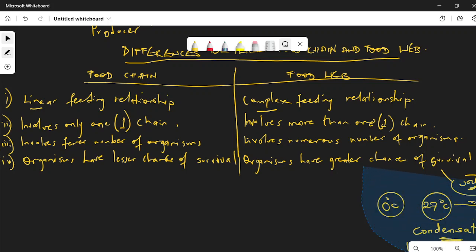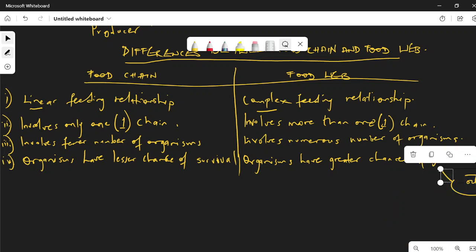And then the third difference is talking about the number of organisms that partake in that reaction. We have it to be fewer in food chain. The number of organisms that we have in food chain is usually fewer.